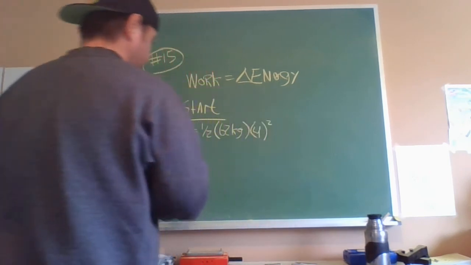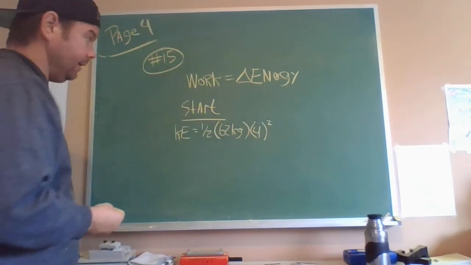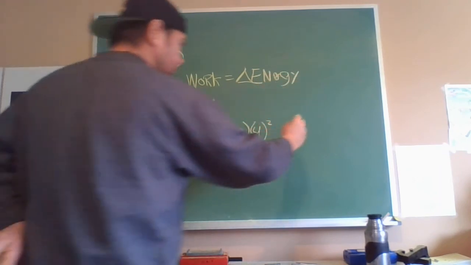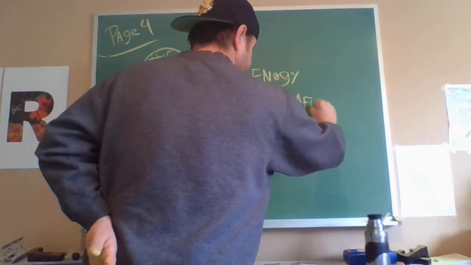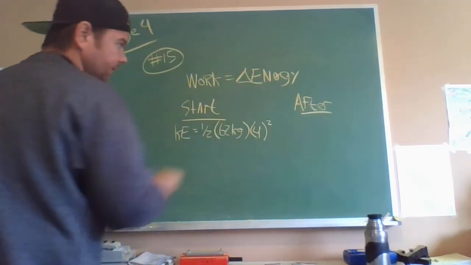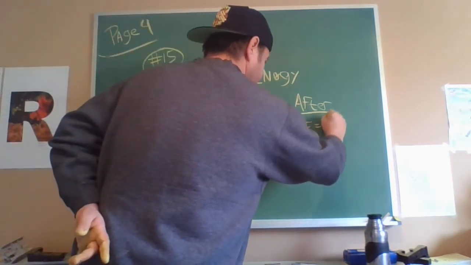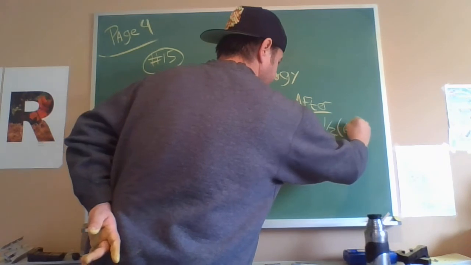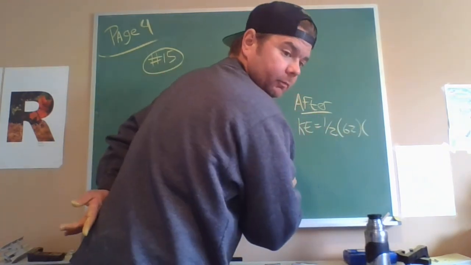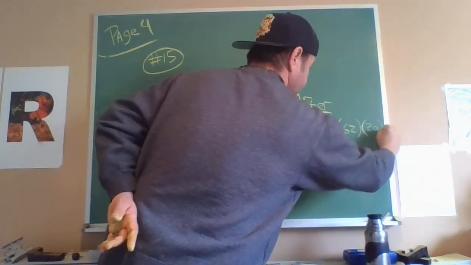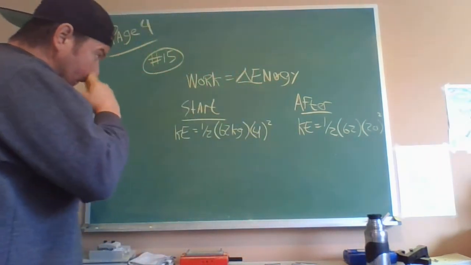This is the amount of kinetic energy that we have before the acceleration, the start, and the after, right? So in the end, the kinetic energy has become this: 1/2 times 62 times 20 meters per second squared, right?